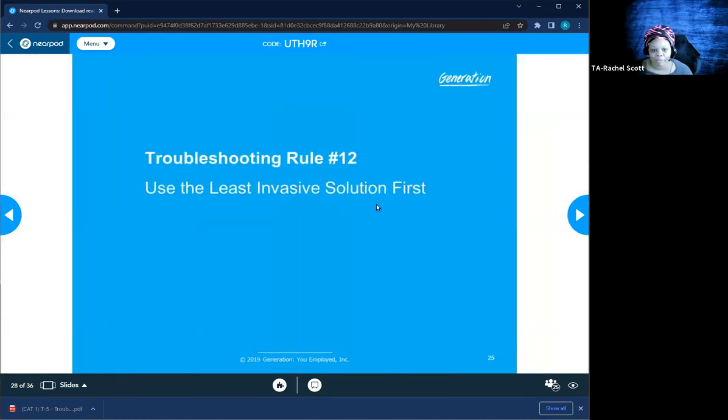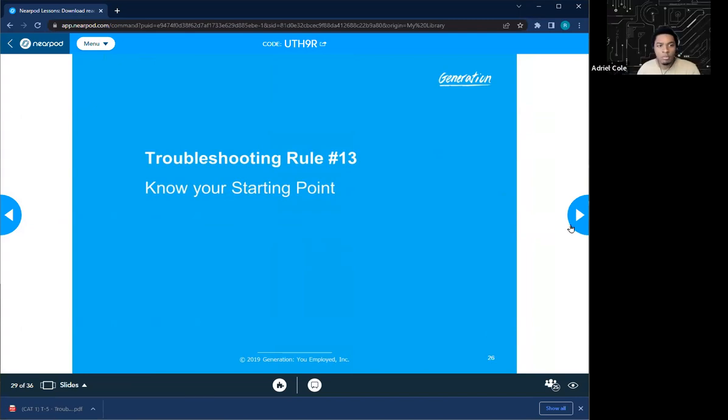Troubleshooting rule 12, use the least invasive solution first, which we've discussed. Troubleshooting rule 13, know your starting point. What do you guys think about that, knowing your starting point? Where to attack the problem from.